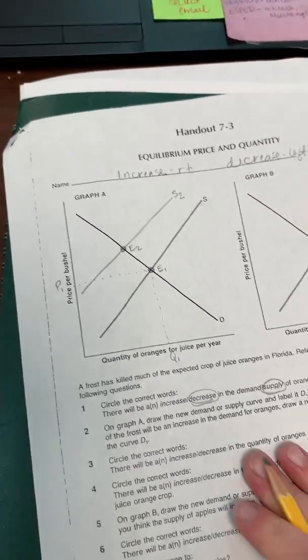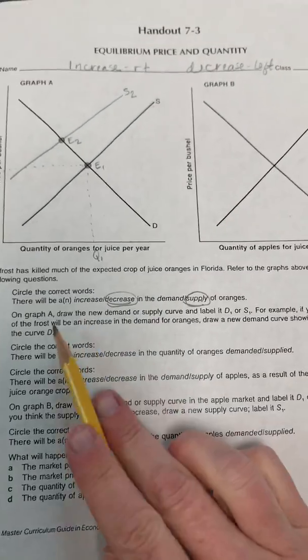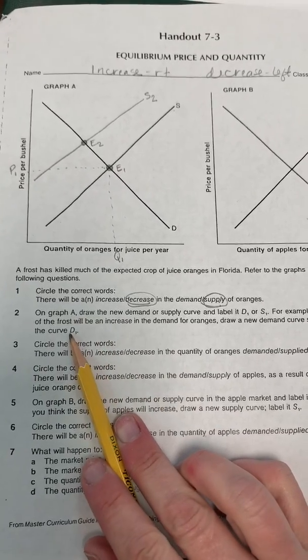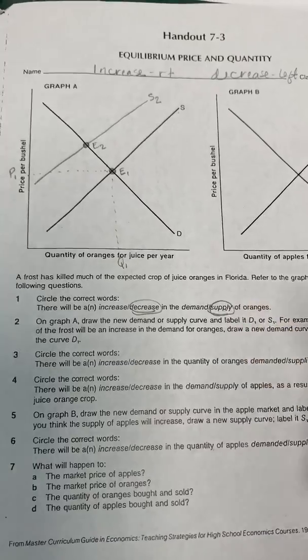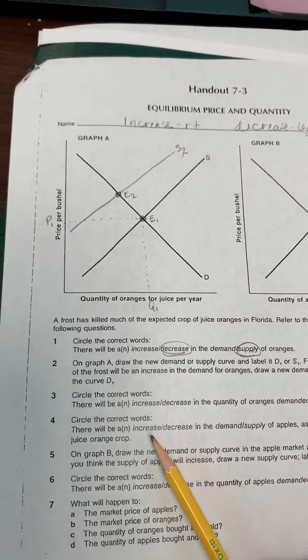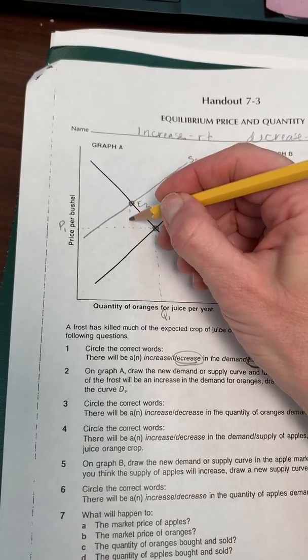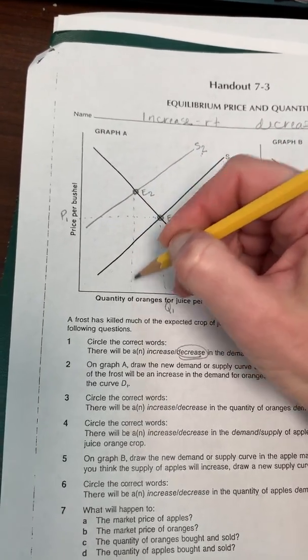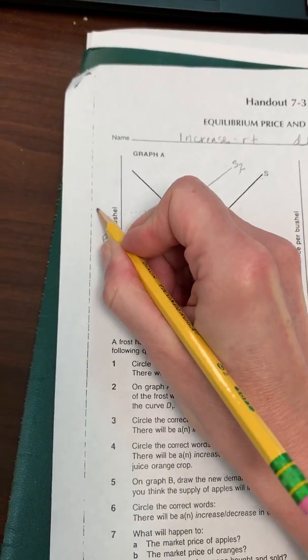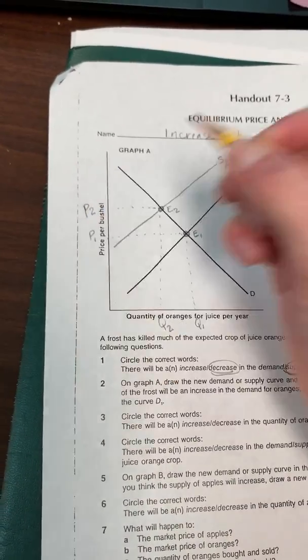Okay. So number 2 says, on the graph, draw a new demand or supply curve, which we did, and label it S1 or D1, whichever, S2, D2, which we did. So based on this new equilibrium, this is Q2 and price 2, right?